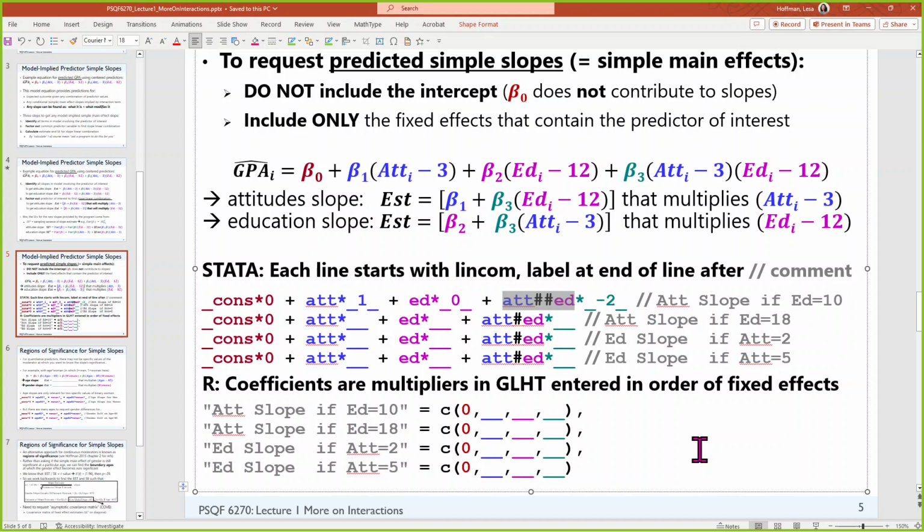It's a shortcut to reduce the code you're typing. And if you had 3 variables and you wanted a 3-way interaction term, one more, and you get all main effects, all 3 2-ways, and 1 3-way.